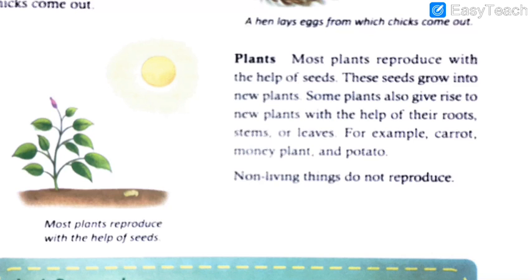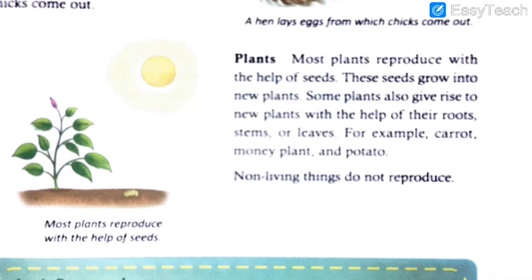So students, as we saw for animals, there are different ways for plant reproduction too. Plants can be reproduced by seeds, or by the roots, stems or leaves of the plants.